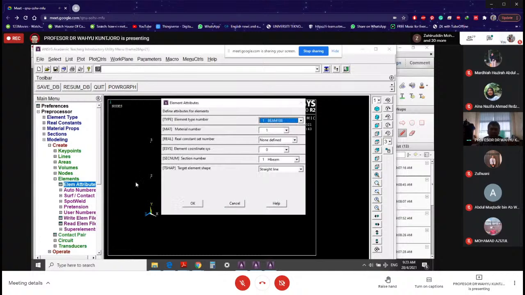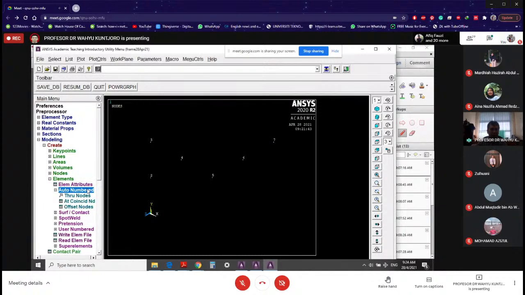The material is the same, but now I want to have an H beam. That's the correct selection. I click OK. What does it mean? It means that whatever I do is going to be based on H beam, material number 1, and element type number 1.